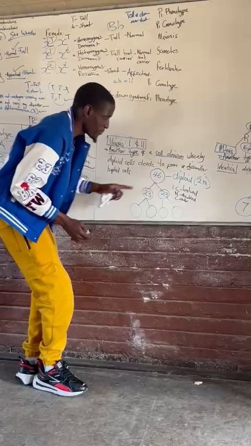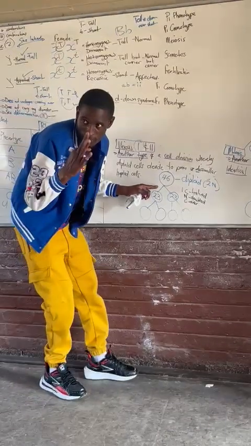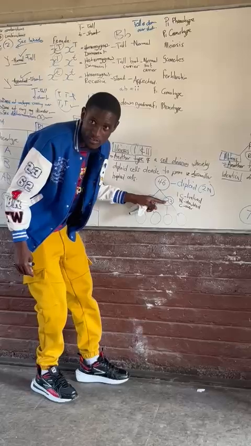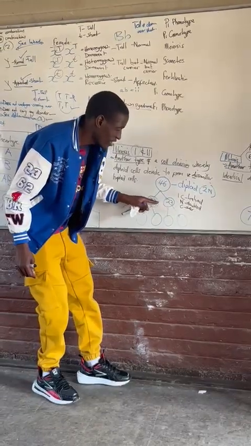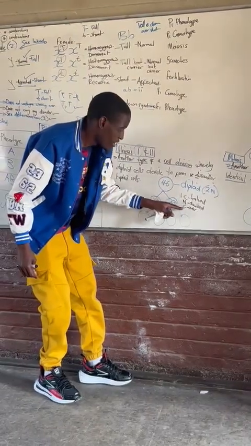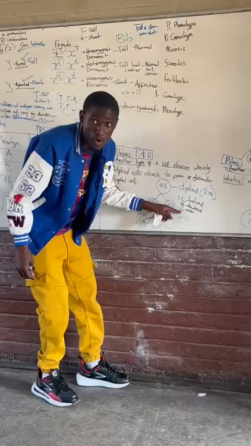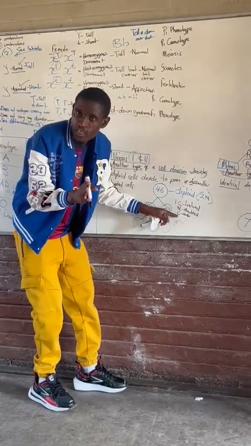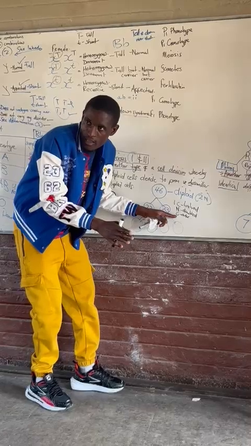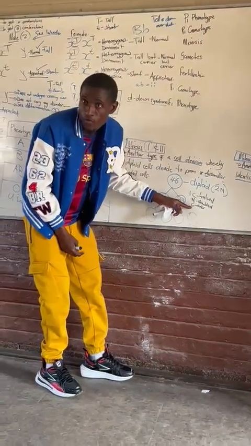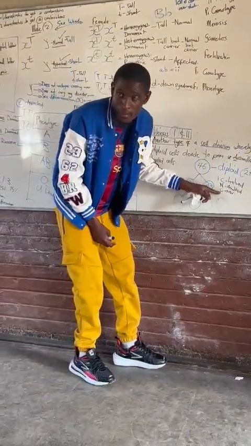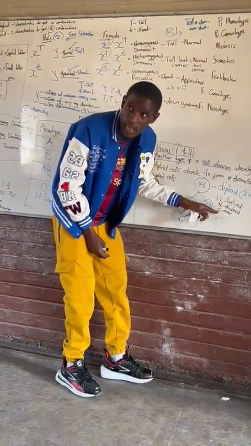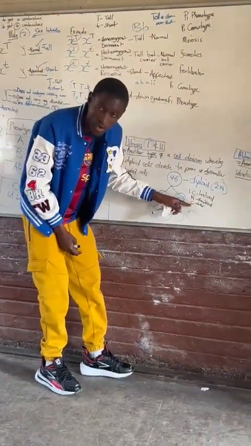So 3 things are happening in meiosis 1. The first is the chromosome number is halved. The number of nucleus is doubled. Then there is crossing over, which is the exchange of genetic material, happening at prophase 1.